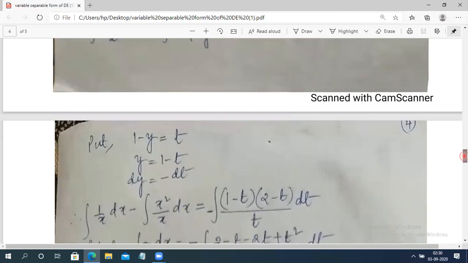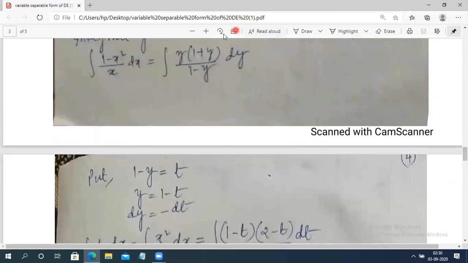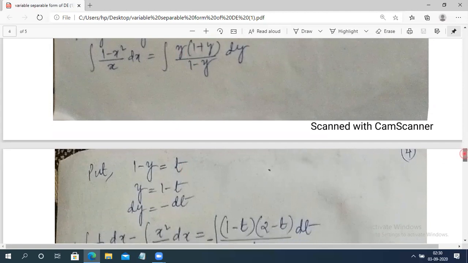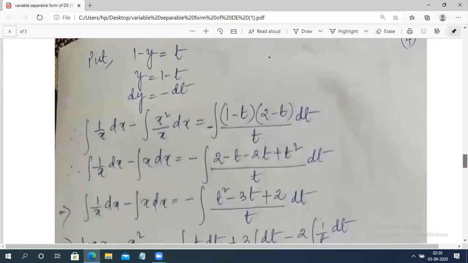So in this way all the terms of y can be written in terms of t. So after writing these terms we will get this 1 minus t, 2 minus t by t dt.